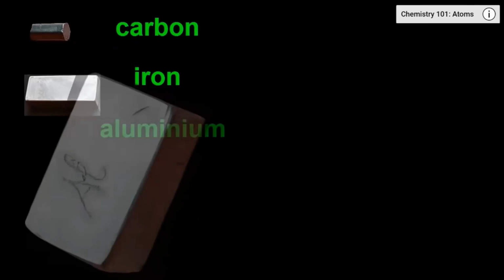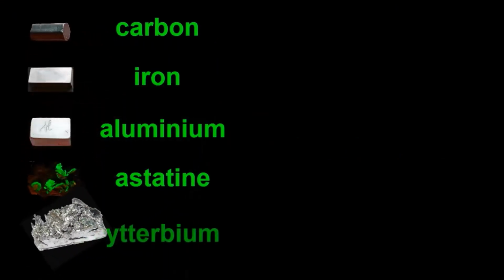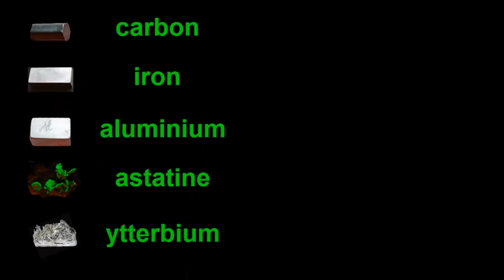Because there are 92 kinds of atoms, there must be 92 elements too, one for each kind. You probably have already heard of some of them, like carbon, iron, and aluminium, or aluminum if you're American. But maybe not astatine or ytterbium. With so many elements, there's a lot of names to remember.